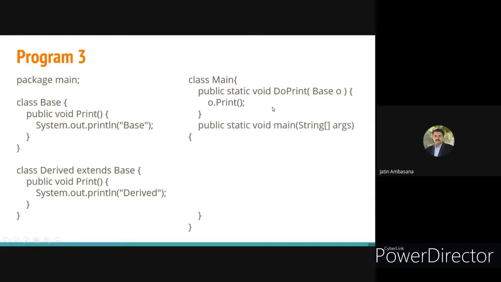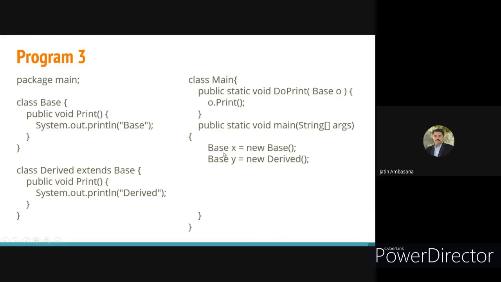Then in the main method of this Main class, we create an object of Base class. We say Base x equal to new Base, and then we also create an object of Derived class, but we specifically assign a superclass reference variable to point to it.